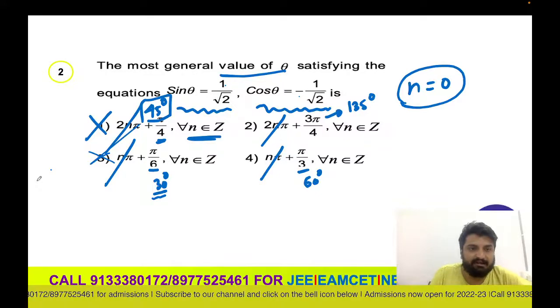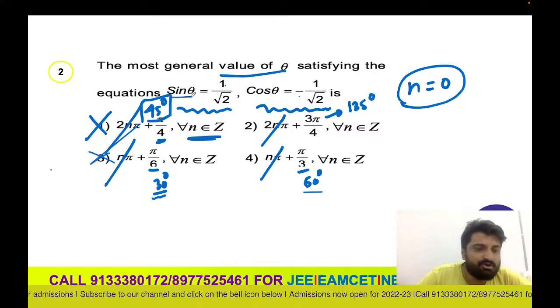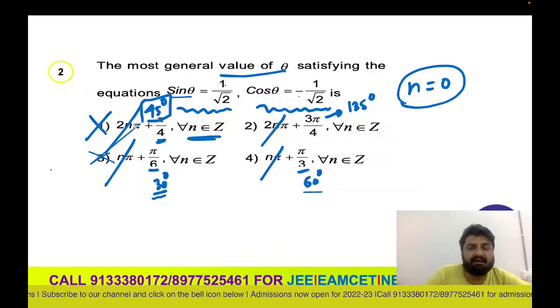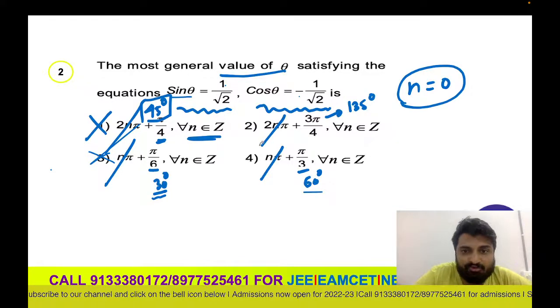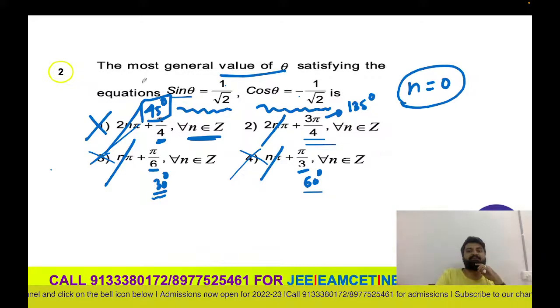Now if we look at the fourth option, it is 60 degrees. Sin 60 degrees, we know it as root 3 by 2, but here it is given as 1 by root 2. So fourth option is also eliminated. Second option is the final answer because this is 3 pi by 4, which is 135 degrees.